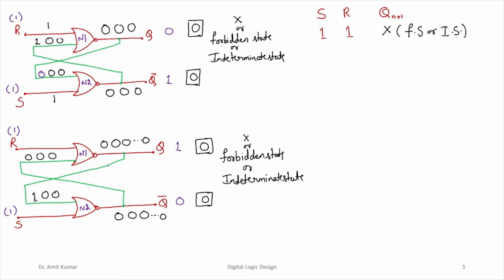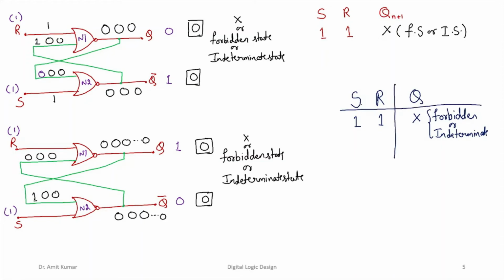So when both of the inputs S and R are 1 and 1, the output Q is in the forbidden state, or indeterminate state. This is how we should look at this particular case when both of the inputs are a 1.